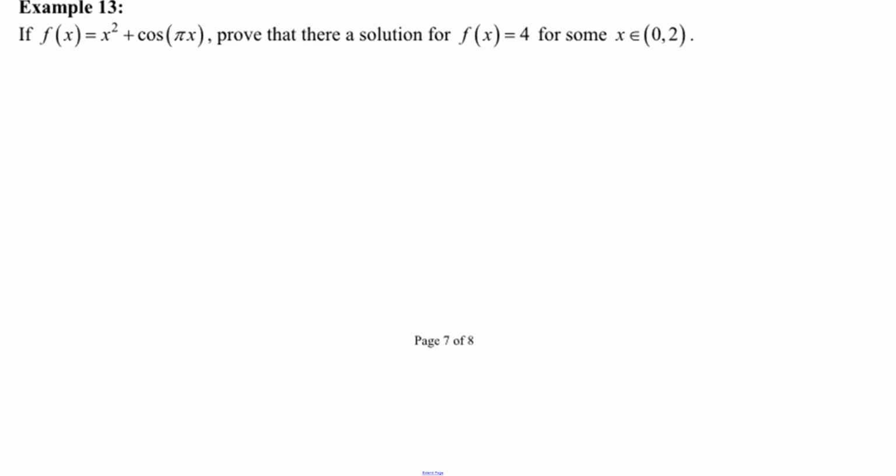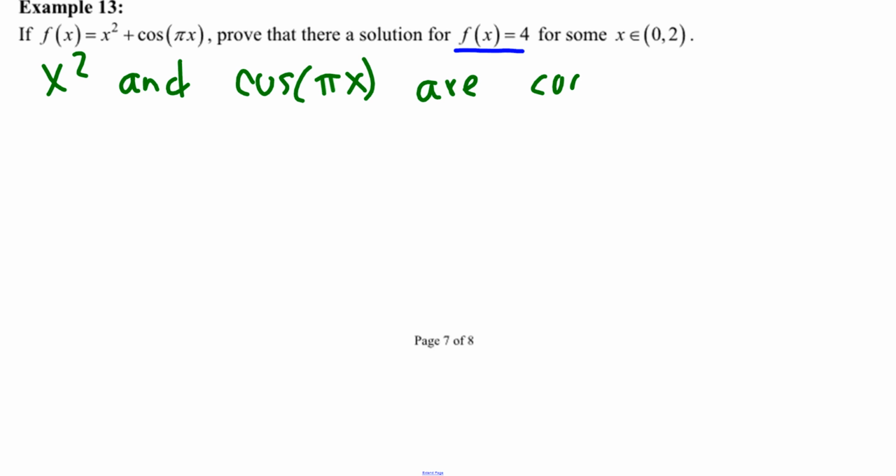All right, let's keep going. Let's see if we could do another one. Prove that there's a solution, f of x equals 4, for some element in between 0 and 4. All right, let's mention our beginnings. We know x squared and cosine are continuous for all real numbers.